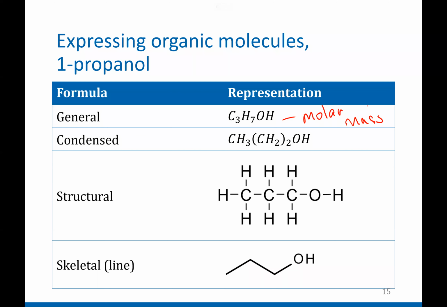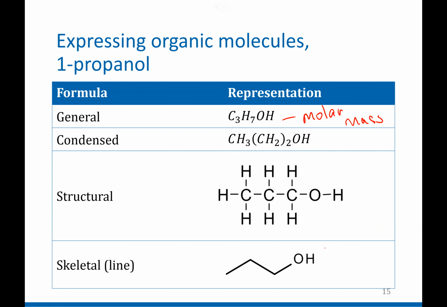There's the condensed formula, which I haven't seen very much in textbooks, in academic journals, in other courses. You don't see condensed very much. There's structural, which is a really good way to represent the shape of a molecule, but it's time consuming. There's a lot of writing.